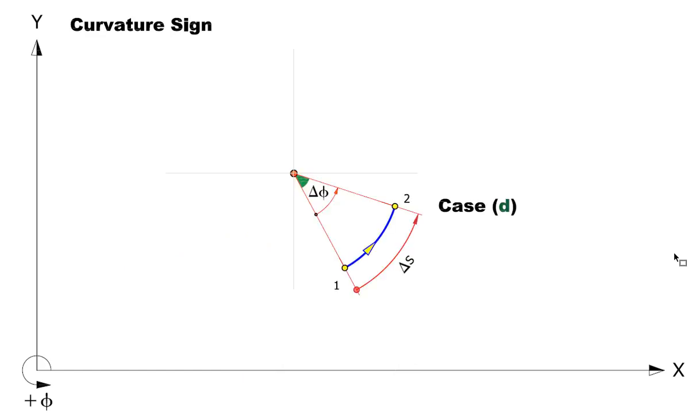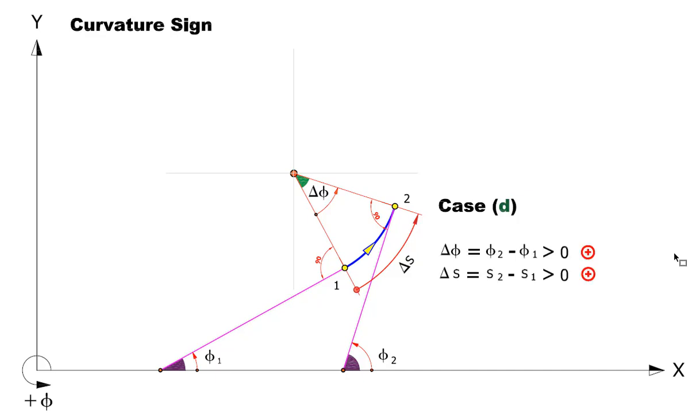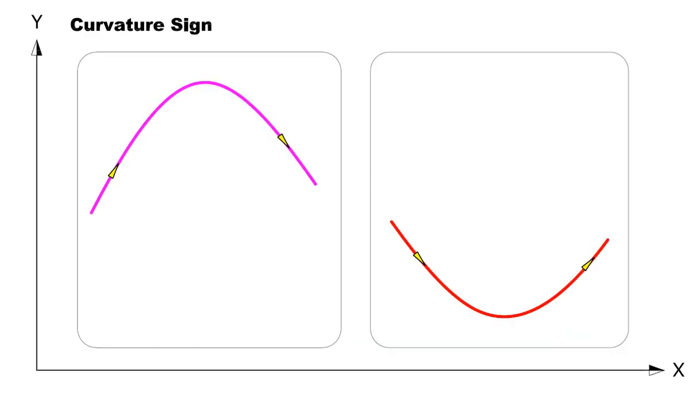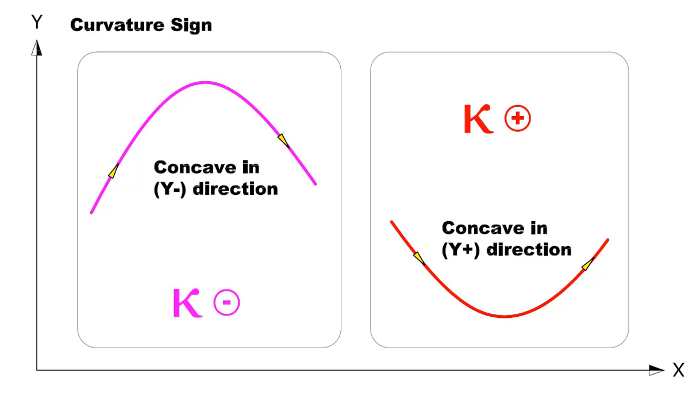And for case D, phi 2 minus phi 1 is positive, so kappa is positive. Now we conclude the criteria for curvature sign. If the curve is concaved in the negative direction of the y-axis, then kappa is negative, and if the curve is concaved in the positive direction of the y-axis, then the curvature is positive.